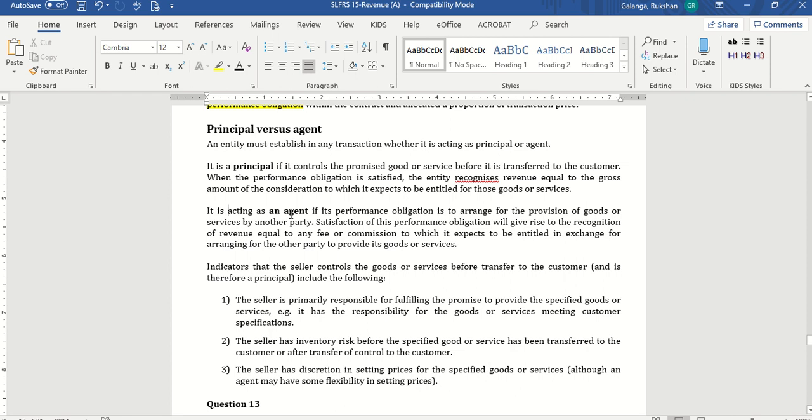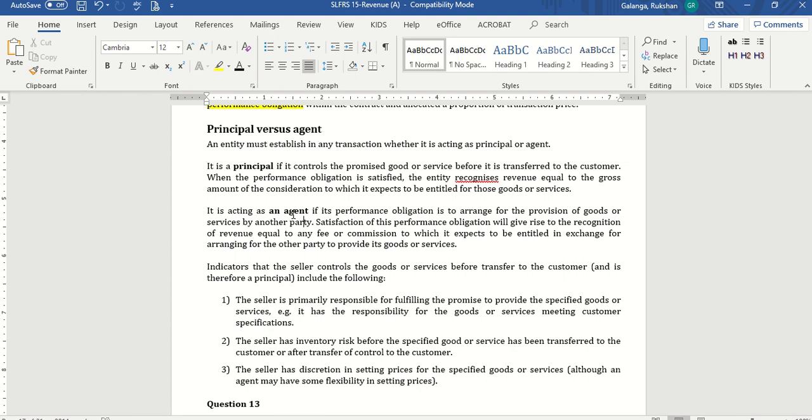It is acting as an agent if its performance obligation is to arrange for the provision of the goods or services to another party, right? What Alibaba does is arrange the service on behalf of the other one. Who is Alibaba then? They are the agent. Can they recognize the sale proceeds of the mobile phone?